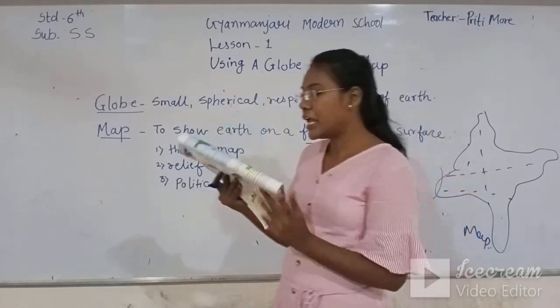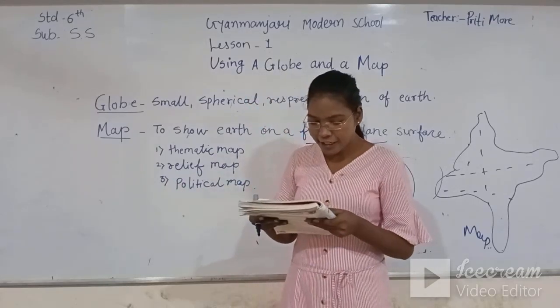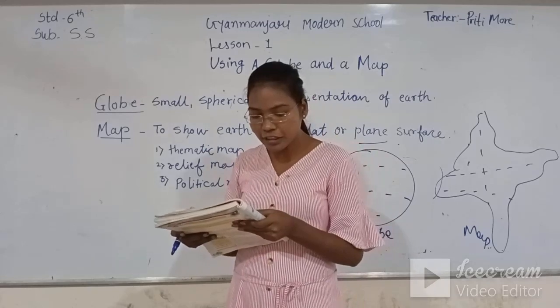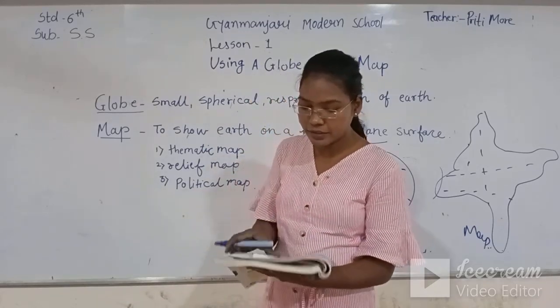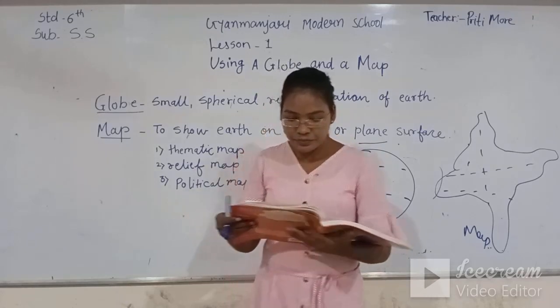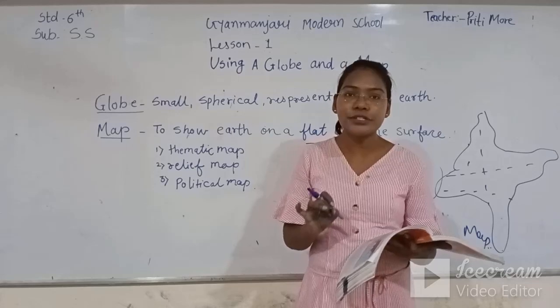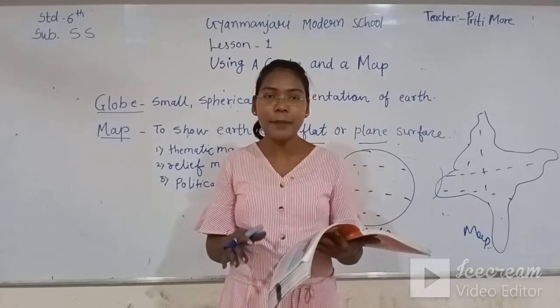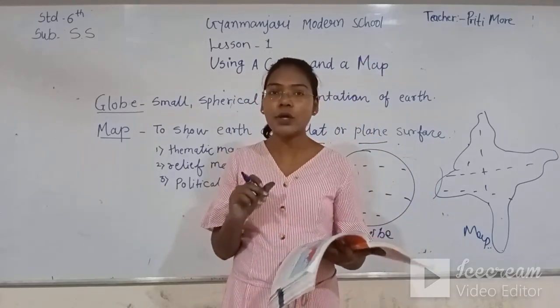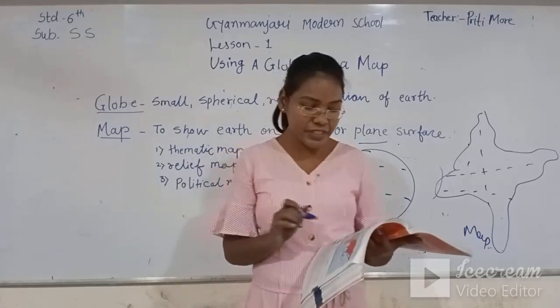Asia, Europe, Africa, Antarctica, North America, South America, these are all the continents, and some important oceans are also there in this map. But both the oceans and continents are shown on a flat and plain surface.